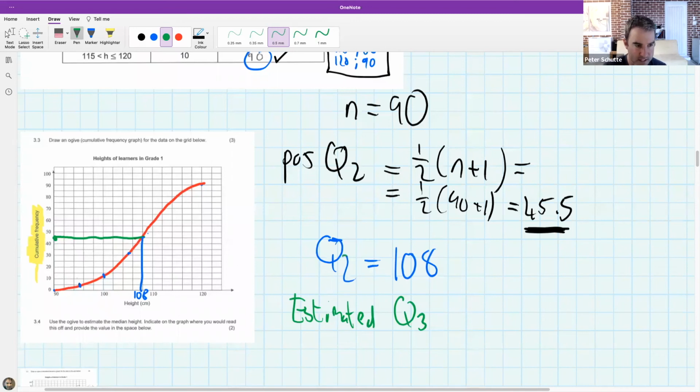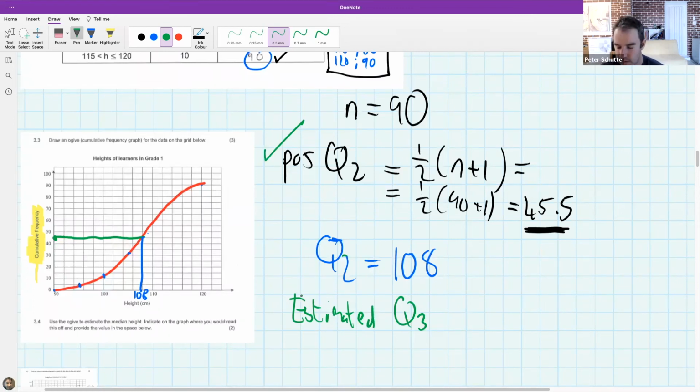You've just found the median, which means that 50% of students are below 108, and 50% of the students are between 108 and 120. I want you to use the same idea that I just showed you, where you find the position and then you find the value, except now you're going to try and find the upper quartile.